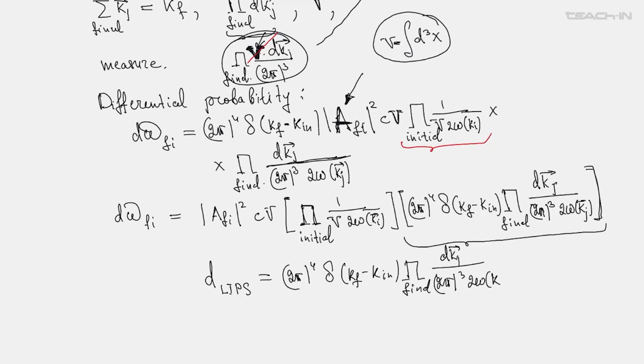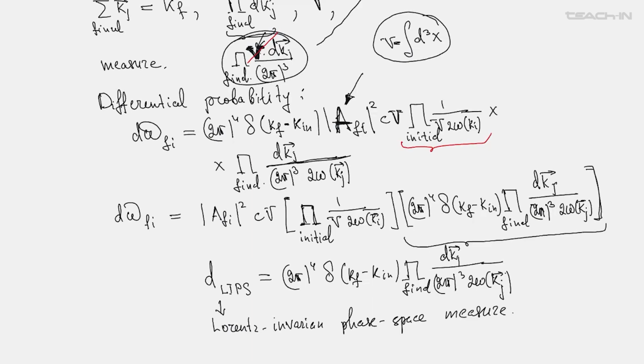So this is the Lorentz invariant phase space measure. Why is it Lorentz invariant?